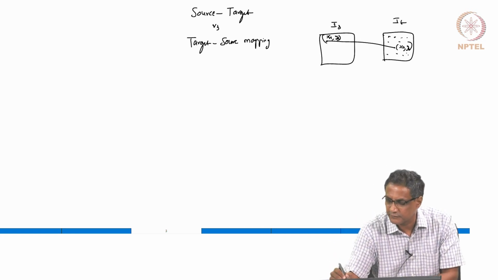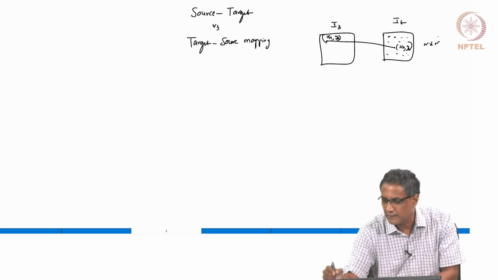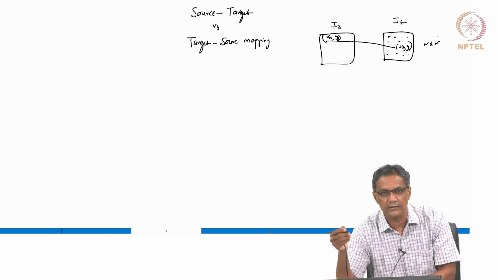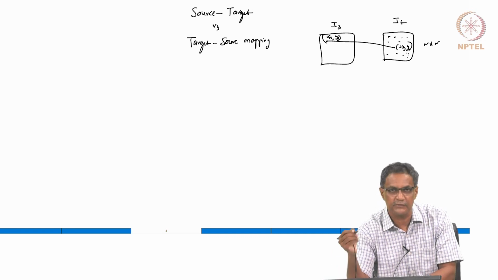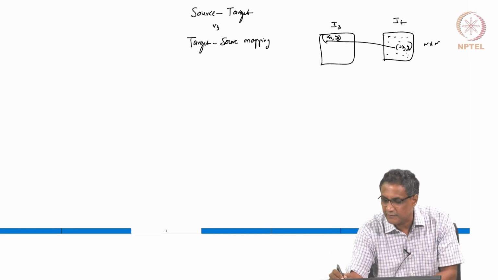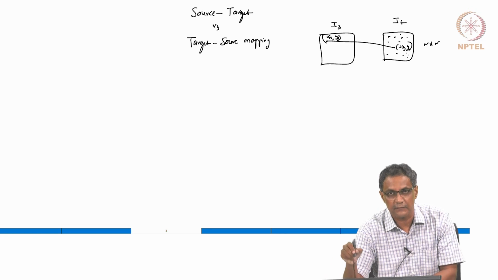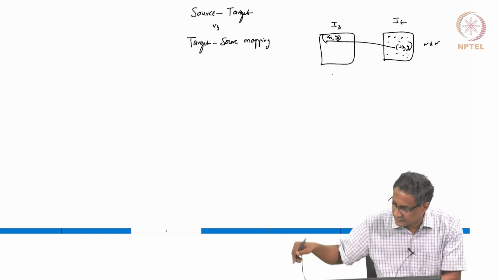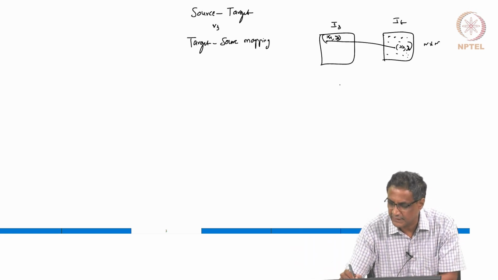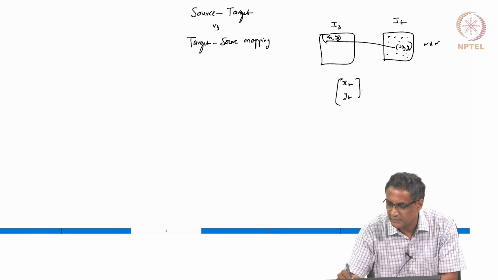So all that you do is, for example, if you have an n cross n image, your first pixel is 0, 0, and then you go all the way to the end, which is n minus 1, n minus 1. Then you start with every pixel here, some pixel xt, yt. So for example, take the case of a simple translation.